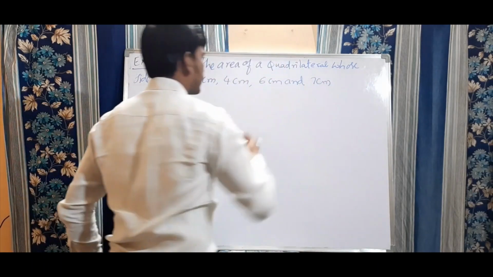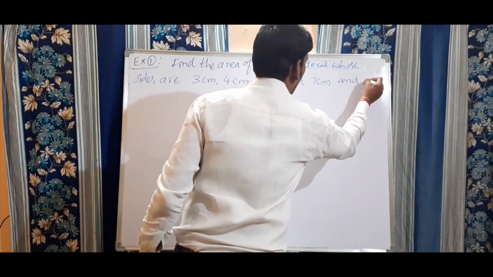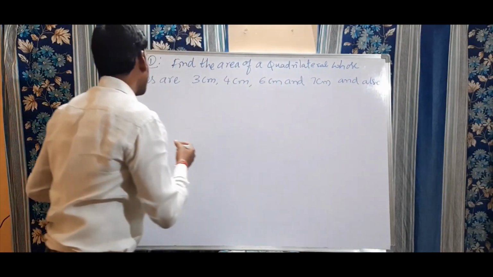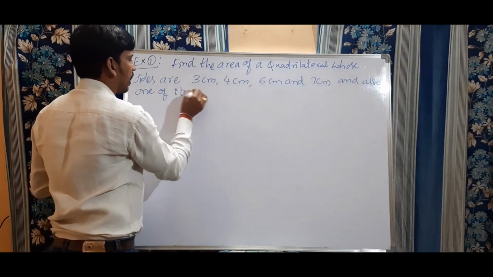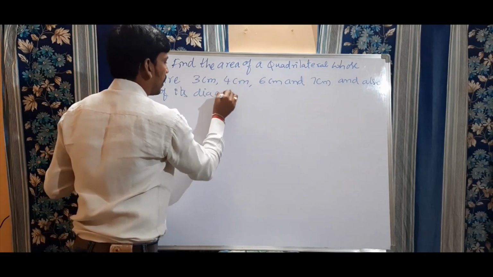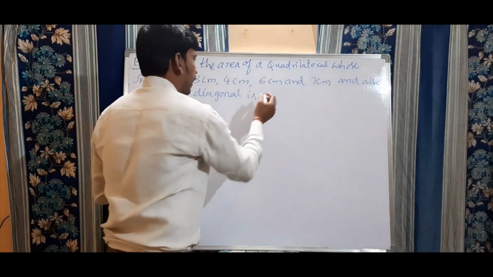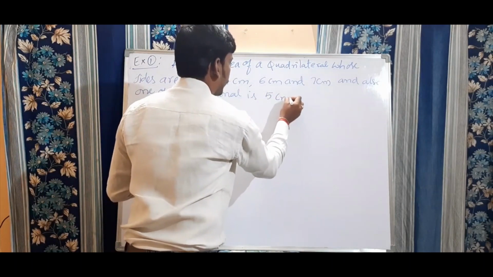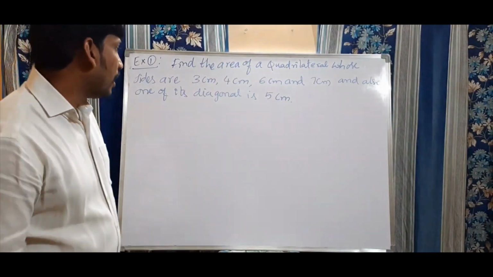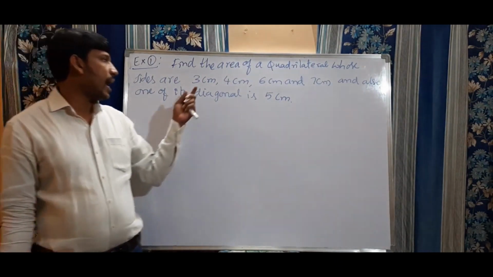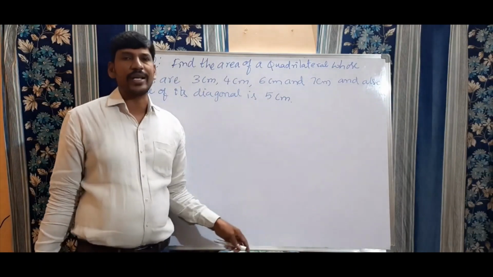Let us take different sides, okay, and also one of its diagonals, so the diagonal, let us take, is 5 centimeters. Clear? So observe here, they have given a quadrilateral whose sides are 3, 4, 6, 7 and one of its diagonals is 5 centimeters.